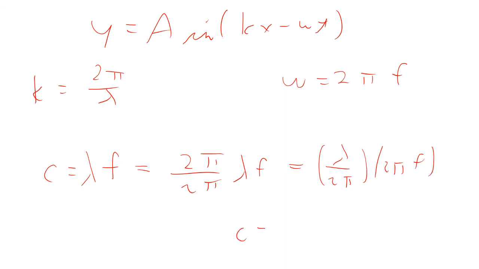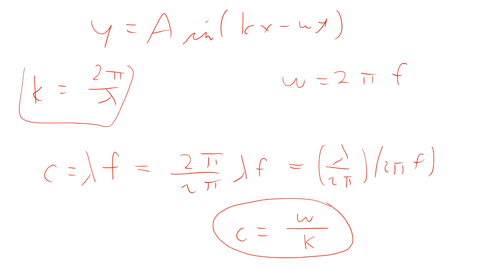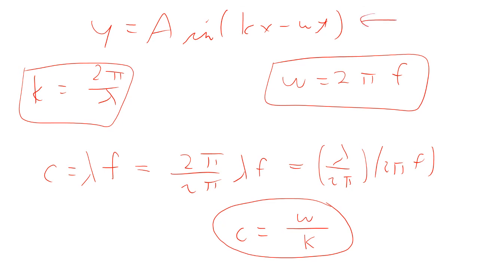Or in other words, c is going to be equal to omega over k. So that's the relationship between these two properties. So we have the wave number, we have the angular frequency, and the angular frequency divided by wave number is going to equal the speed of the wave. And so that way we can interpret from this everything we need to know. Okay.